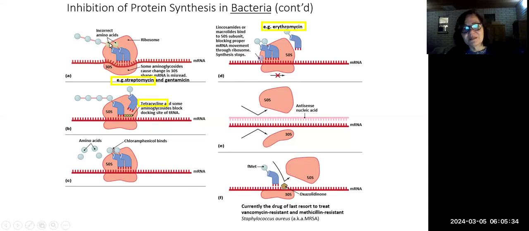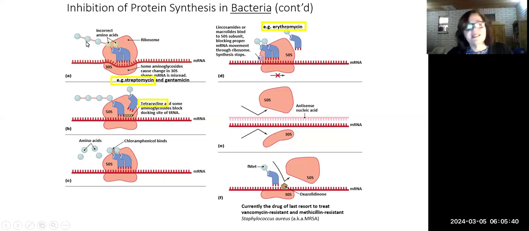And so we end up getting what would essentially be a missense mutation. You bring in the wrong amino acid. So that protein is not going to be shaped right, and it's not going to be able to do the job that it's supposed to do for the bacterium. Genius. All right, so a drug that works like this, streptomycin, is one that affects the shape of the small ribosomal subunit.